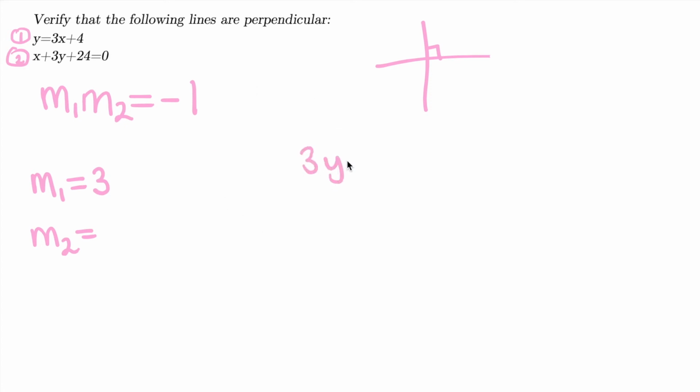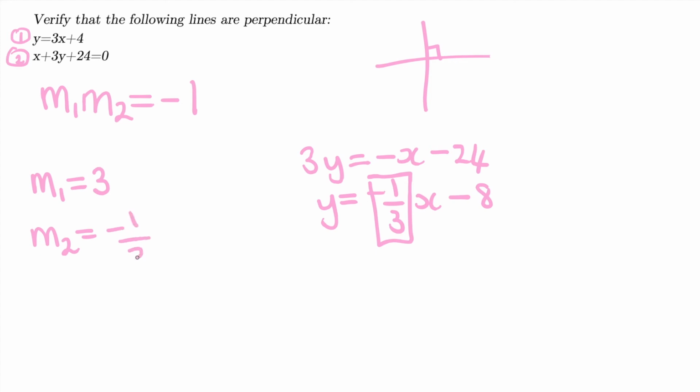We want the y values on one side and everything else on the other. Divide that by 3, so y equals minus a third x minus 8. And that means we have this value here, which is our gradient, m2. So m2 is minus a third.